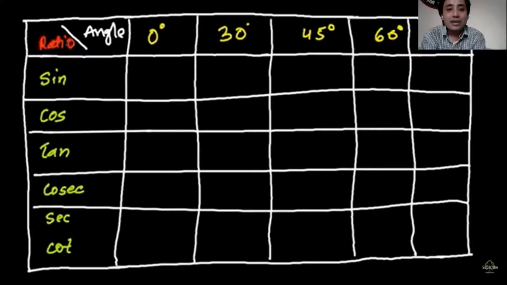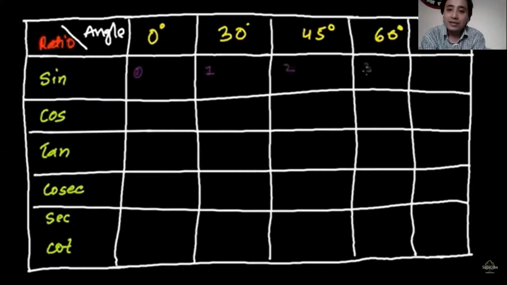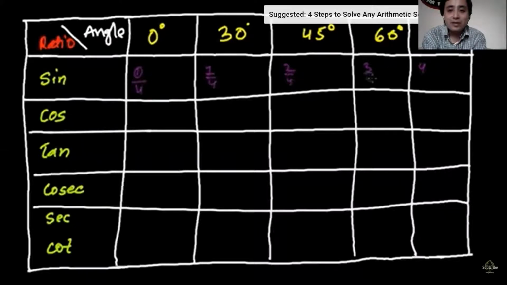So we start with 0, then we go with 1, 2, 3, and 4. In that way, we will be moving forward. Okay, so 0, 1, 2, 3, up till 4. Then we will divide throughout by 4. Okay, that is the trick that we need to remember. So we are dividing throughout by 4.